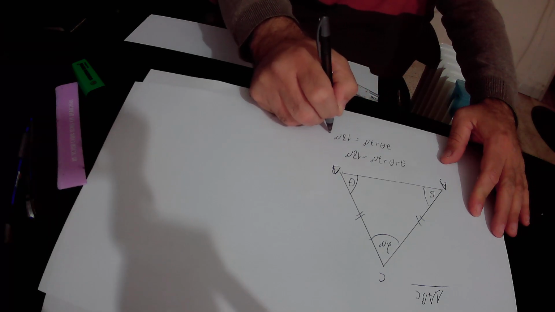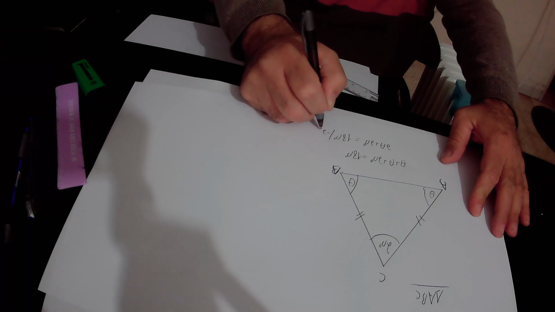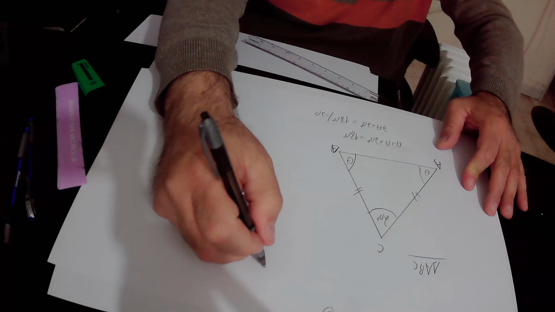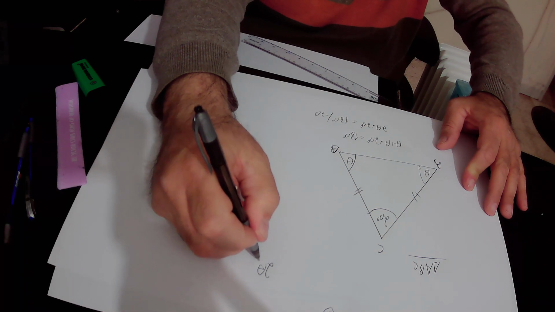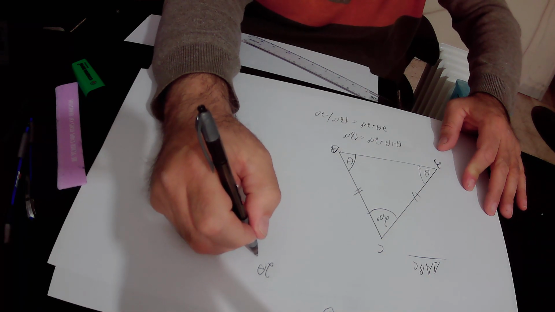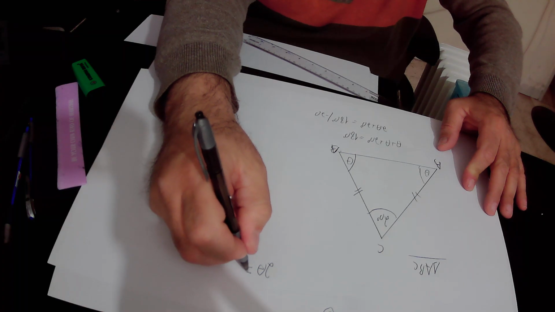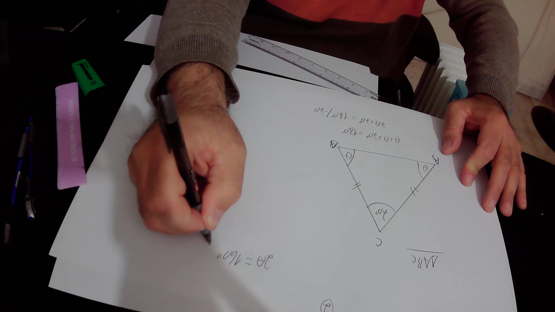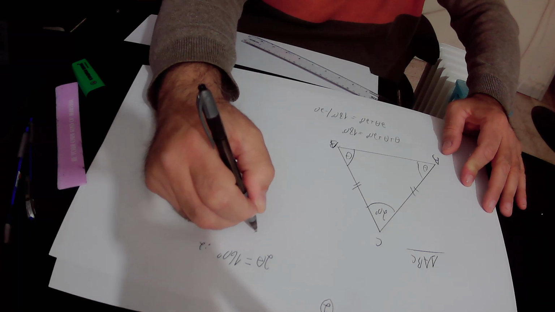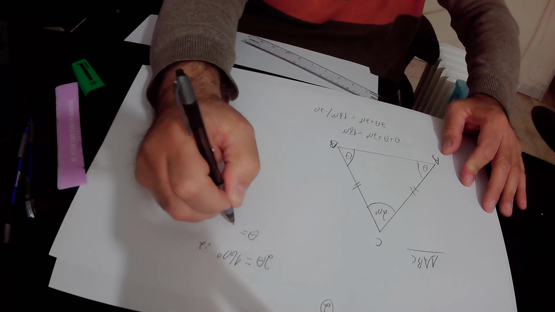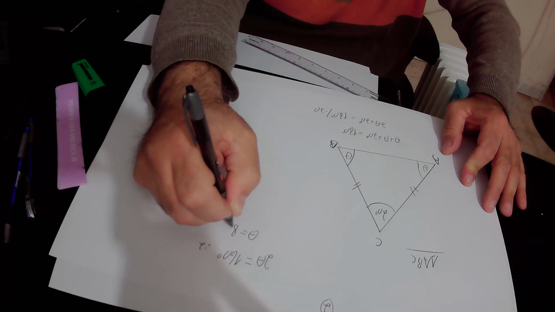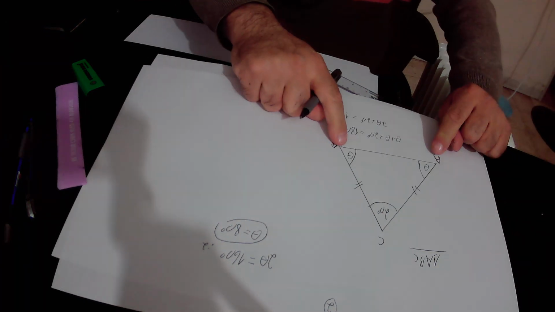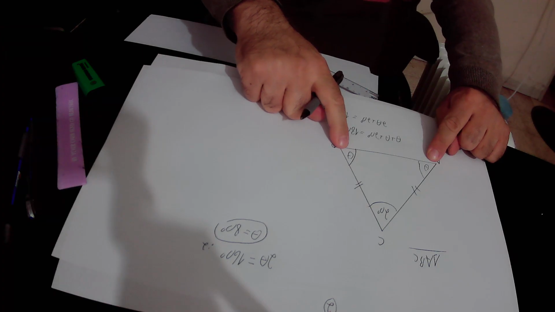We subtract 20 degrees from this equation, and we get that 2 theta equals 180 degrees minus 20 degrees, which is 160 degrees. We divide this equation by 2, and finally we get that theta equals 80 degrees.